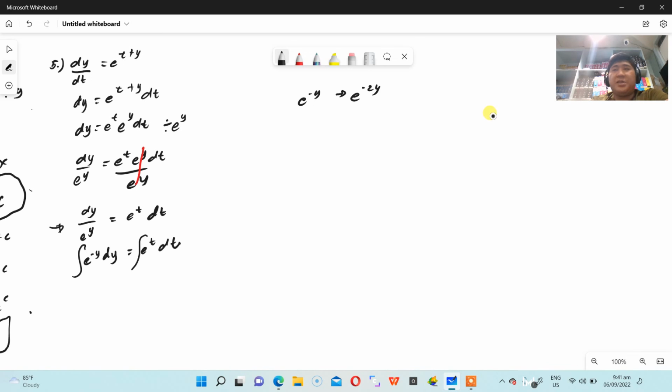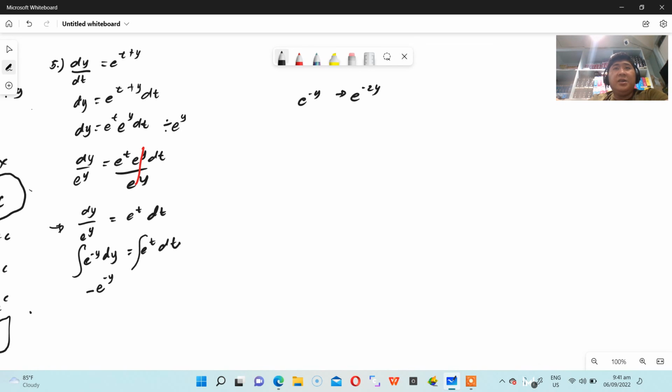This one is present in the integral identities. What is the integral of this? The integral of that is negative e raised to the power of negative y.